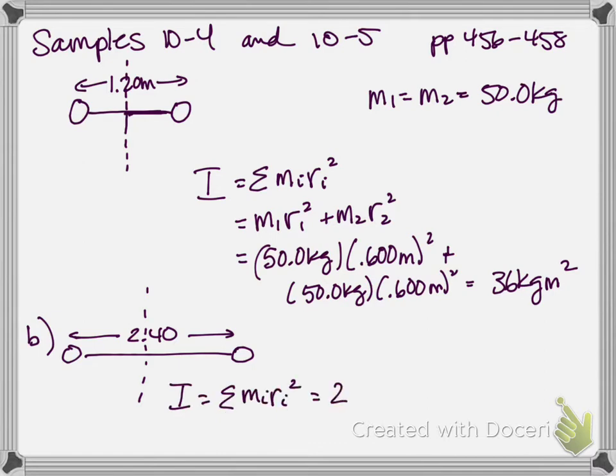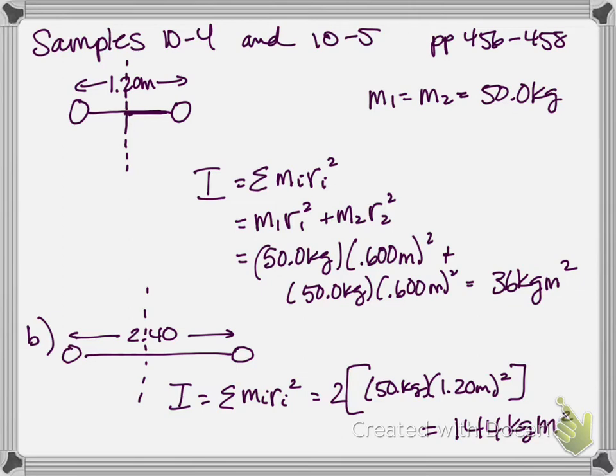We know we've got symmetry here, so I can say 2 times 50 kilograms times 1.2 meters away squared. There are a few ways to get this answer, but the answer is 144 kilogram meters squared. What happened when we doubled the distance to our rotational inertia? It quadrupled.